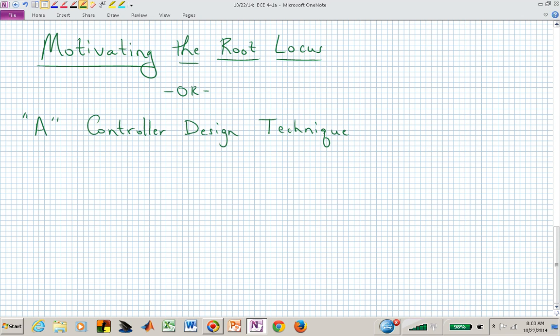So if we're motivating the root locus, what have we learned so far? Or what are some of the things that we now know?